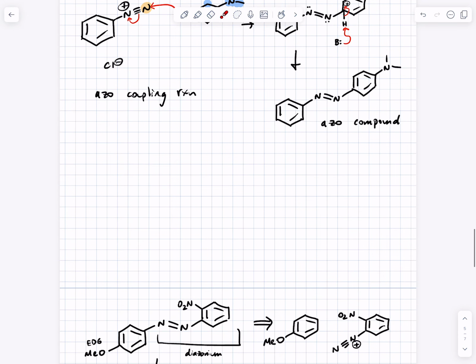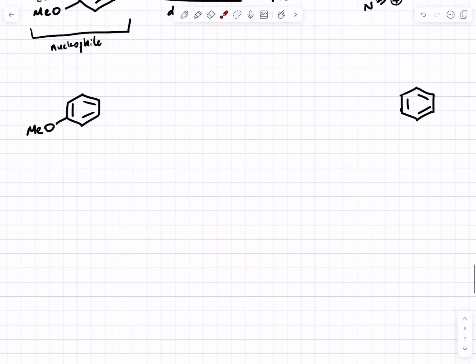So, for example, you could say, all right, we could get the methoxy group from the phenol using SN2 chemistry with some kind of alkyl halide, right?